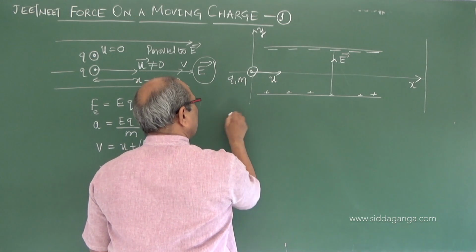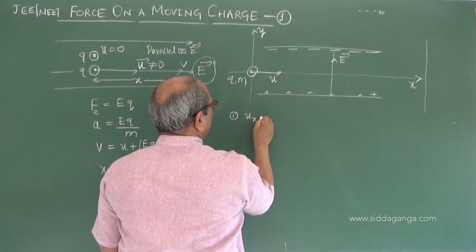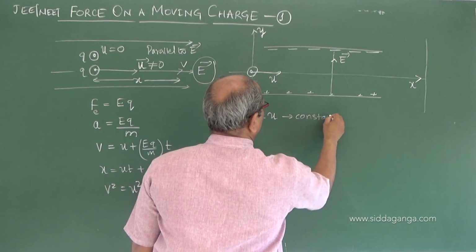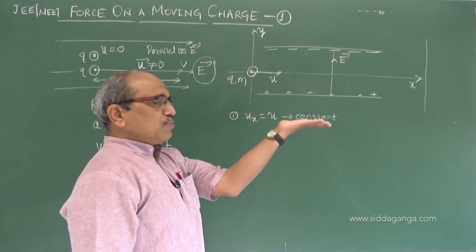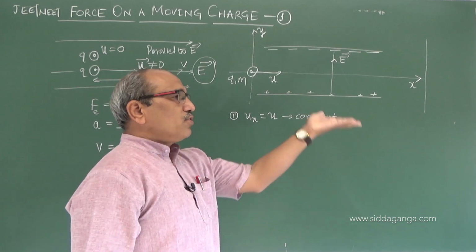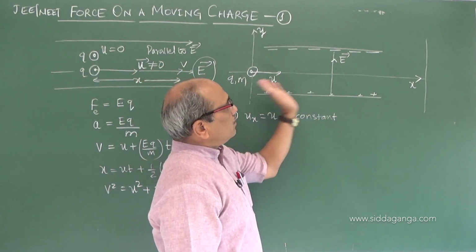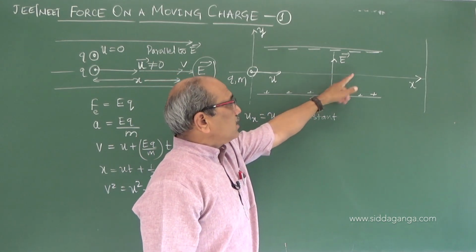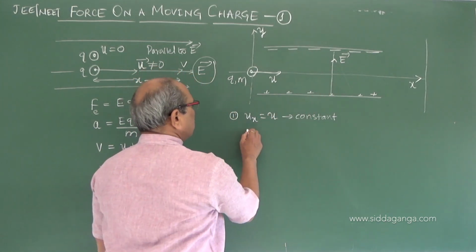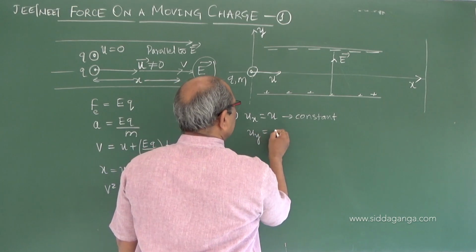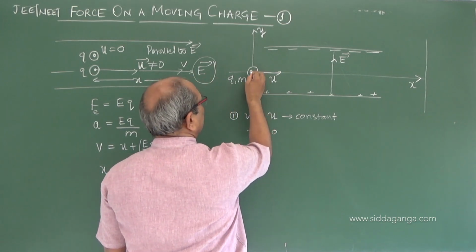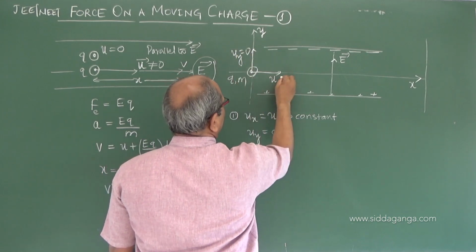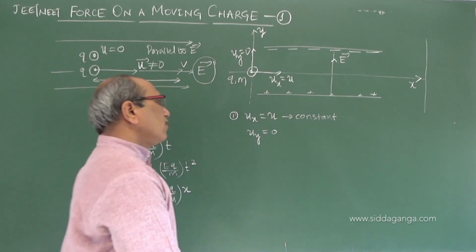Along the x direction its velocity is constant because no force is acting. It is parallel to the ground, therefore there is no gravitational force, and even the electrostatic force is absent because the field component along the x direction is 0. But uy is 0, the initial velocity. Uy is 0, but ux is equal to u.